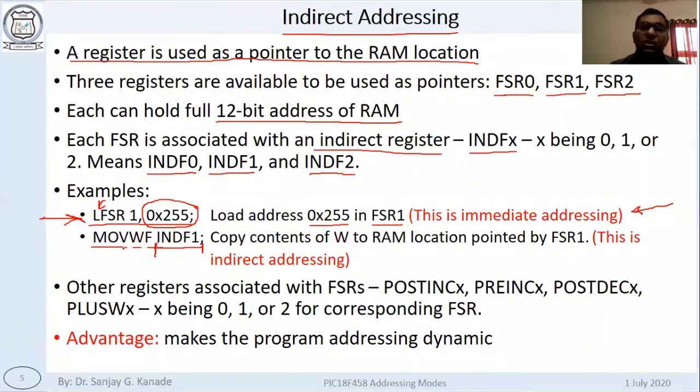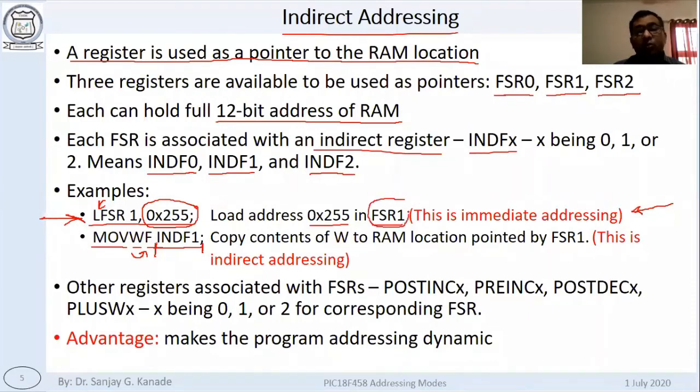The instruction is copying W to F. So ultimately the data from W will be copied to F, but the address of F is held in FSR1.